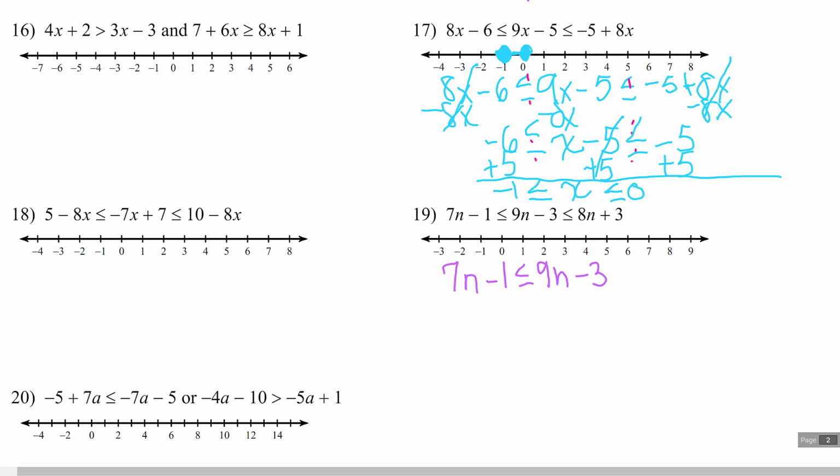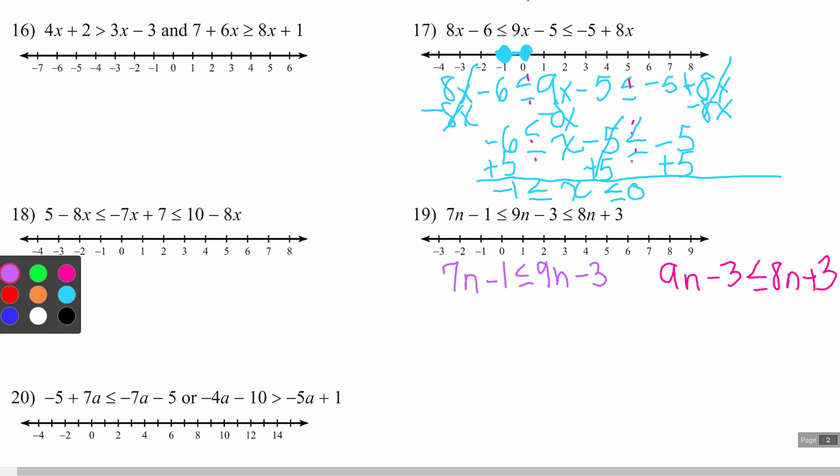This time I'm going to write it as two separate inequalities because you can solve it either way, whichever way you are more comfortable. Okay, so first I'm going to solve this one. So I'm going to move my smaller variable term. I'm going to subtract 7n from both sides.